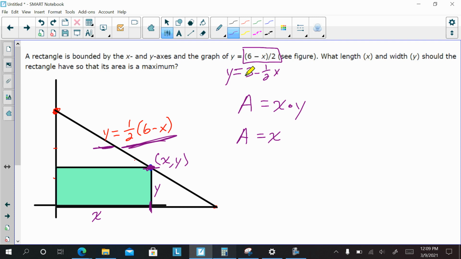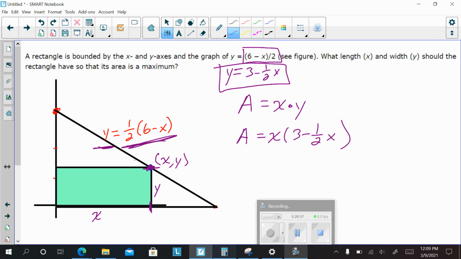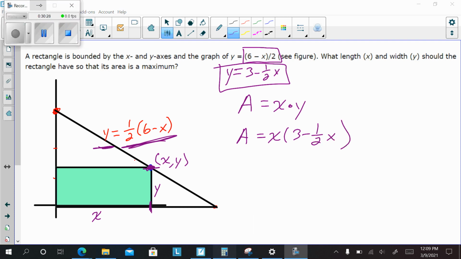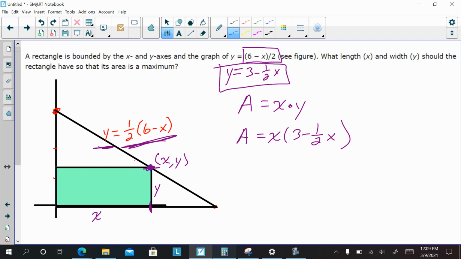I'm just going to replace it with this version, I guess. Again, it doesn't matter. I'm going to replace y with 3 minus 1/2 x. So if we get rid of the parentheses, we get A is x times 3, so 3x, x times the next term, so minus 1/2 x squared. So area is a function of x.